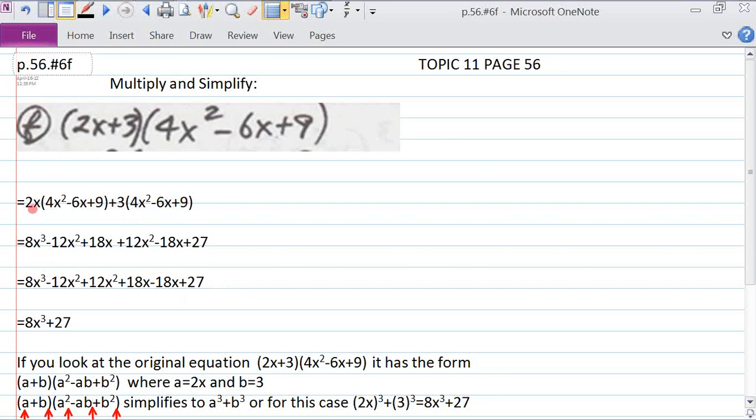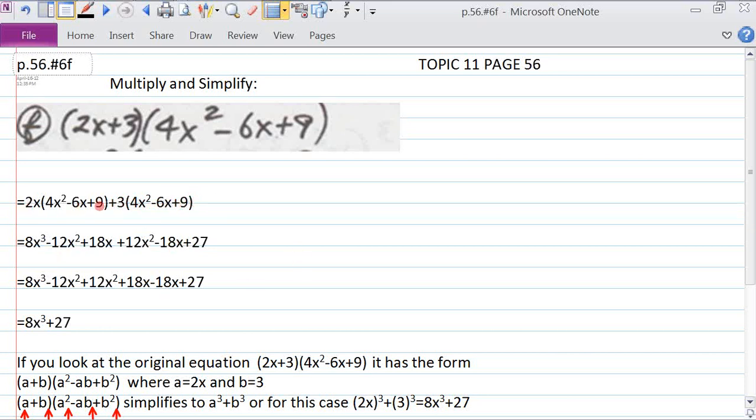Now we use the distributive rule: 2x times minus 6x, and 2x times plus 9, and then the same thing here, the 3 times the 4x squared, the 3 times the minus 6x, and the plus 3 times the plus 9.